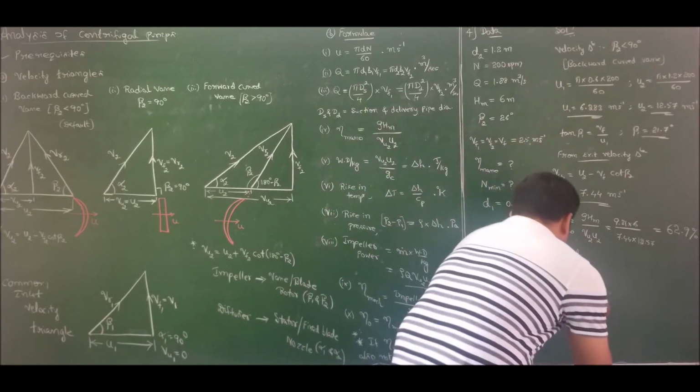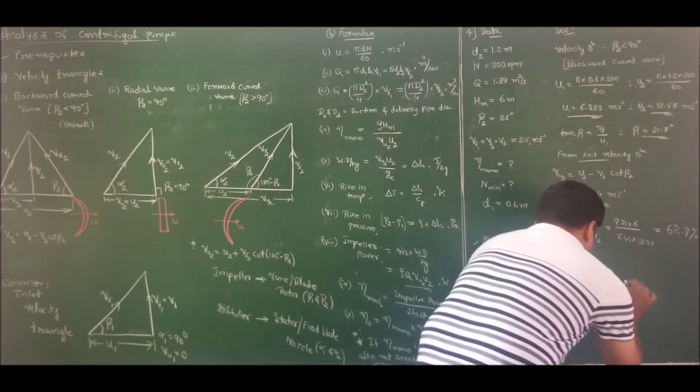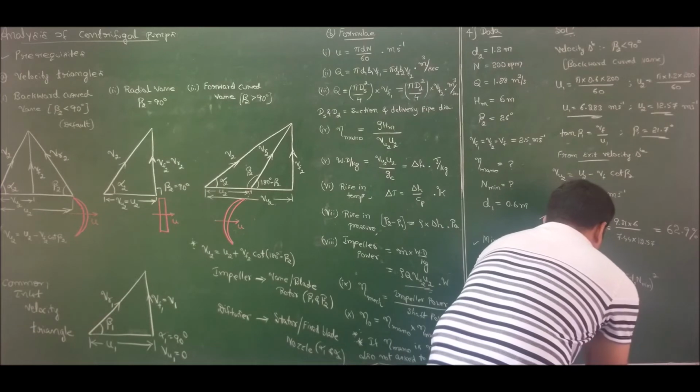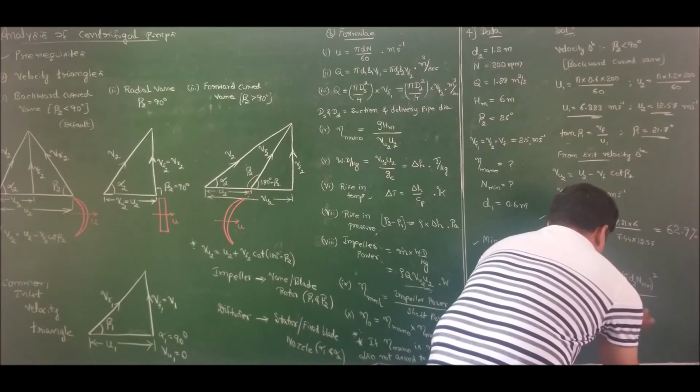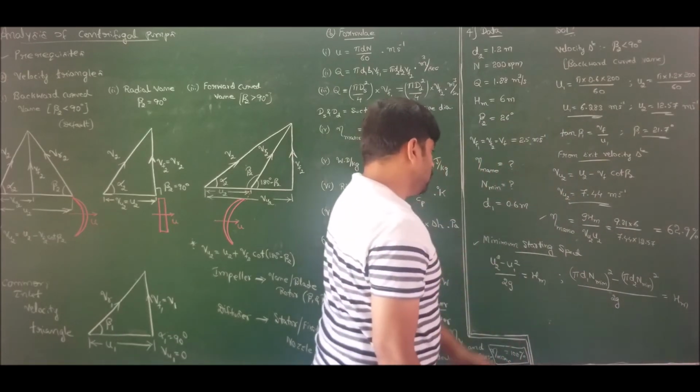That is, (pi D2 N minimum) square minus (pi D1 N minimum) square, divided by 2g, is equal to Hm. We know all the values.